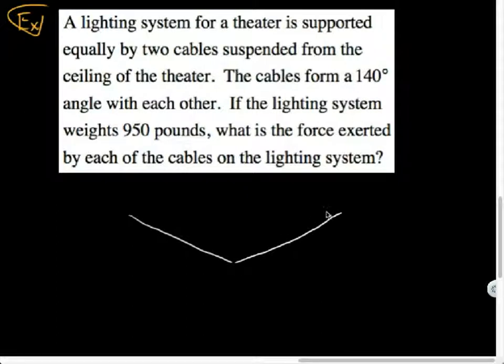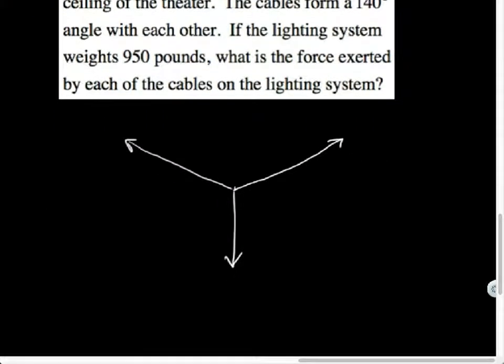Those are going to be pulling this way and this way, and they're going to be under tension, and that's why it described those as cables a second ago. And then we've got the weight of the object pulling down. We know that this is 140 degrees, and we know the weight of the object, the force, is 950 pounds.